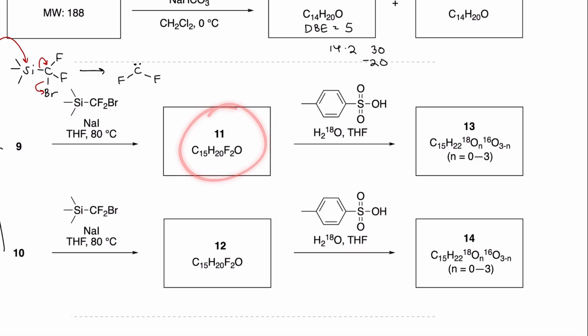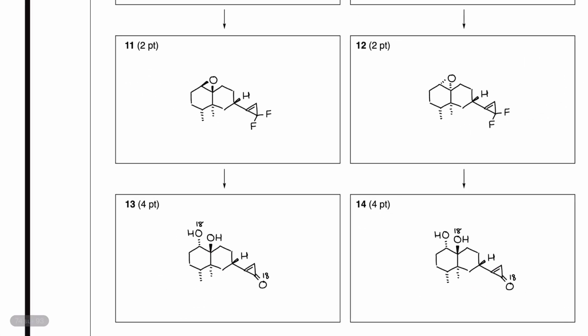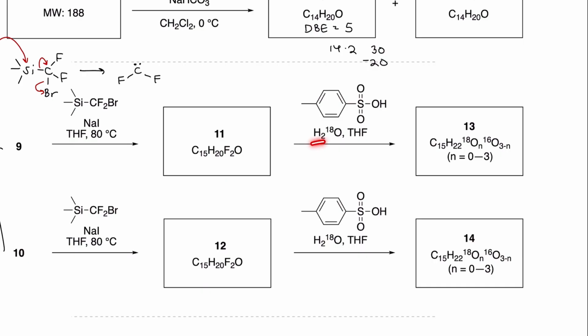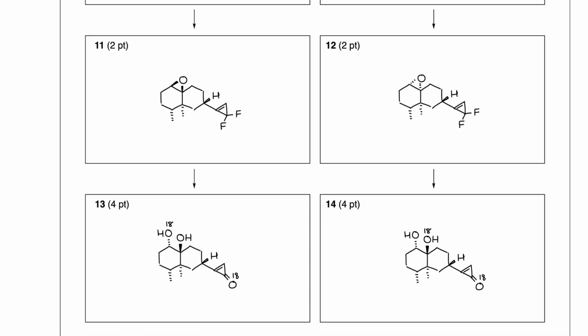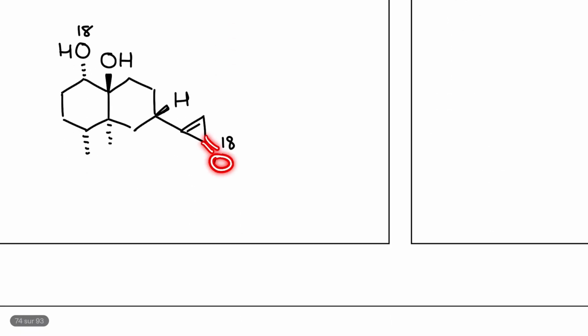From 11 to 13, they also used water, and the carbon bearing the two fluorines is converted into a carbonyl.